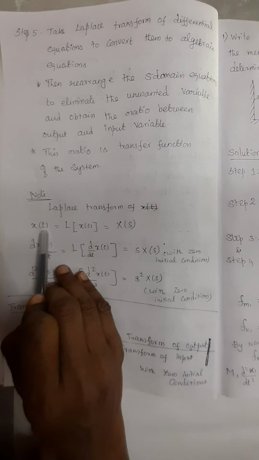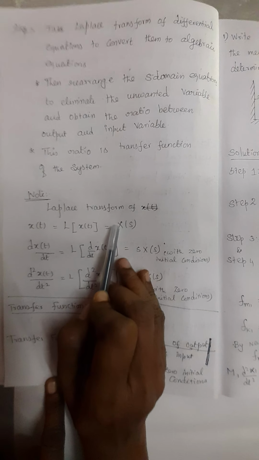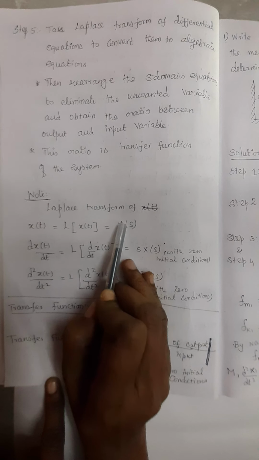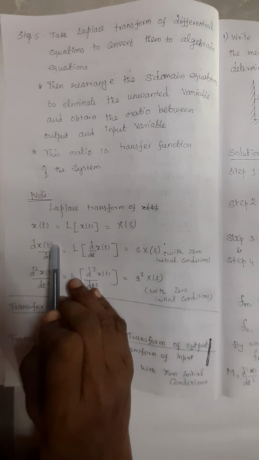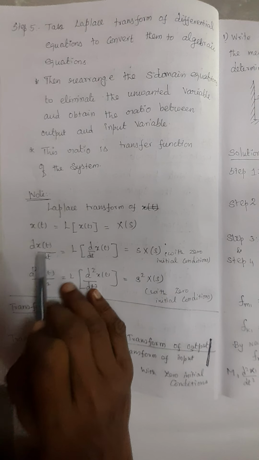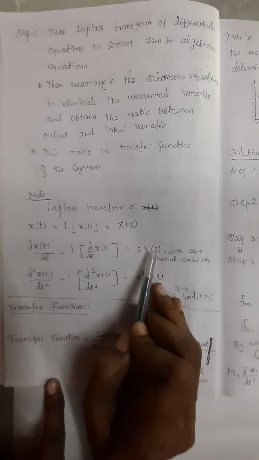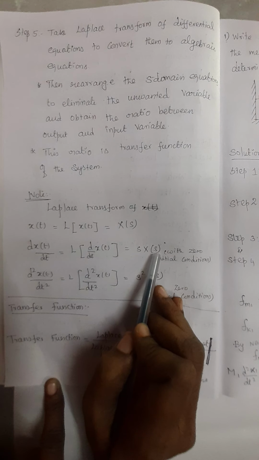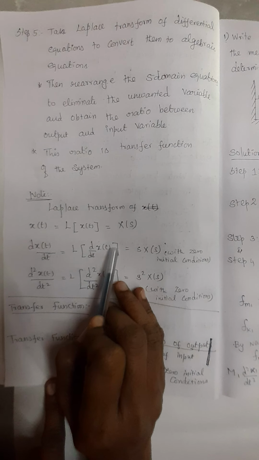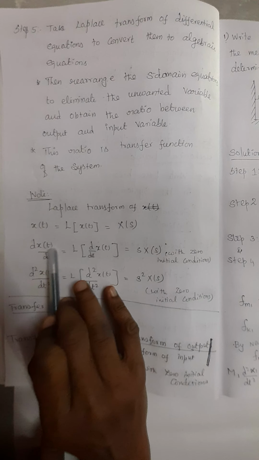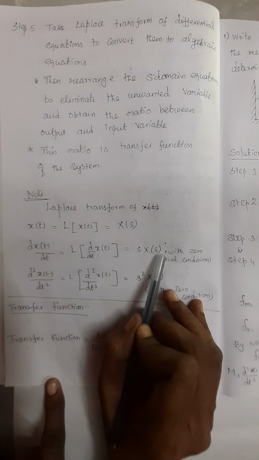Simply, the Laplace of x of t becomes capital X of s, the S domain variable. Then dx of t by dt, a time domain variable, is converted into an S domain variable when taking the Laplace transform. Why are we taking the Laplace transform here? To convert the time domain variable t into the S domain variable.